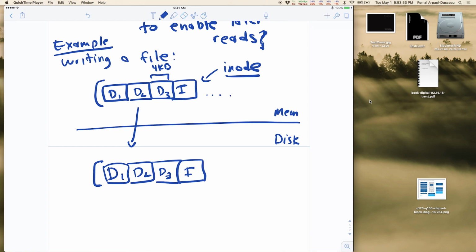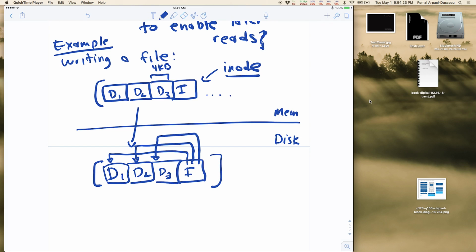This inode, in turn, is going to be written down to the disk here. And if you remember, an inode has a bunch of information in it, like who owns the file, when it was written, and so forth. But importantly, it also has a bunch of pointers or disk addresses which tell you where each of the data blocks are. And in this case, we're just going to write them all together. So whenever we have an inode, right next to it are the data blocks that it just wrote out, for example, when you initially write it out.